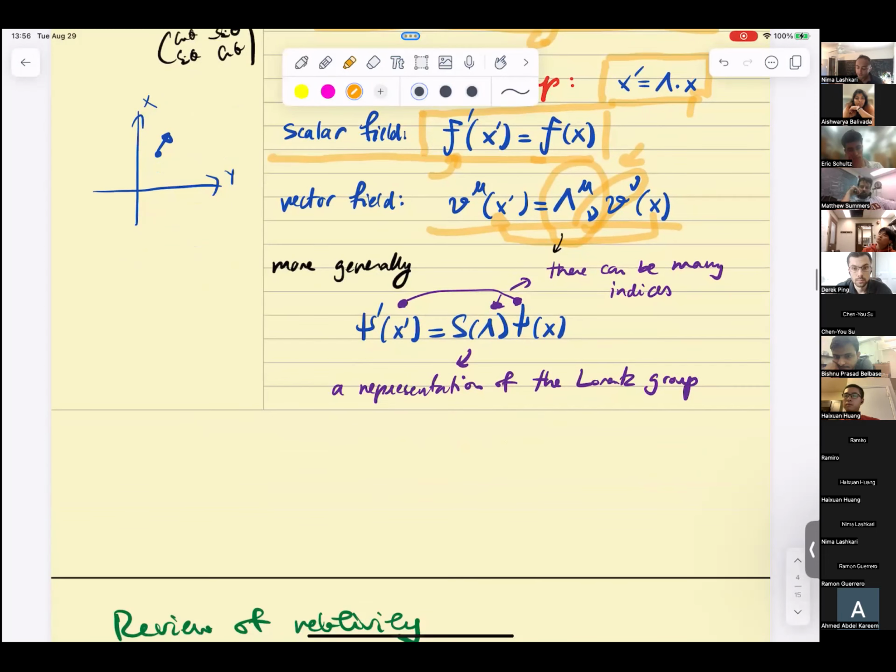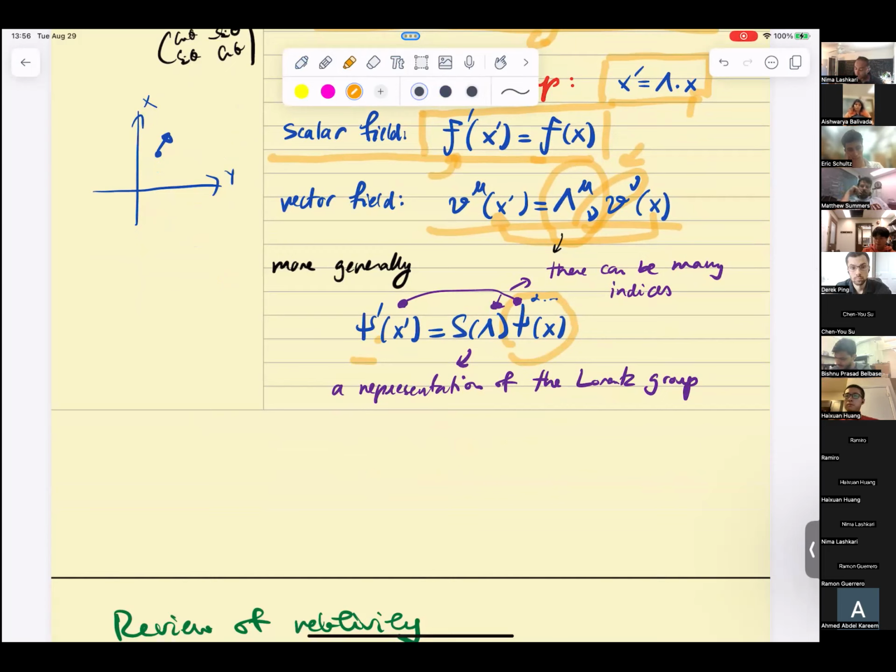More generally, there is more to fields than just scalars and vectors. The field, we could call it some psi of x, could carry all sorts of indices that I've suppressed here. There could be alpha, beta, all sorts of indices that take discrete values.